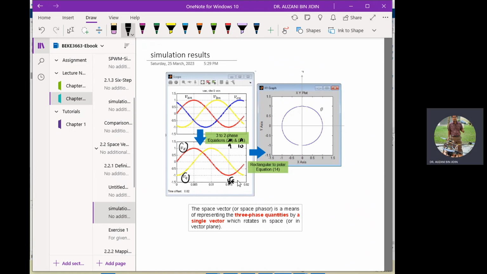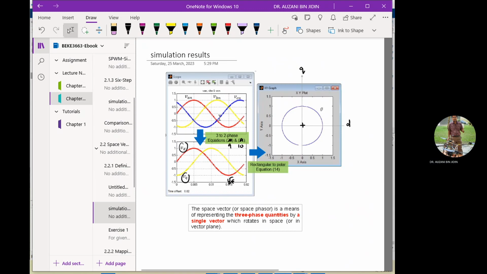For a balanced system, since our three phase VA, VB, VC are balanced, meaning same amplitude, same frequency, the space vector will form a circular locus where the circular shape is centered at the origin. So you can notice here is the DQ axis, then the origin is here, and the circular locus is centered at the origin.